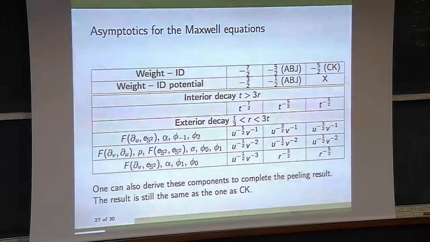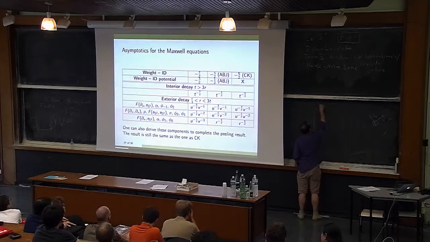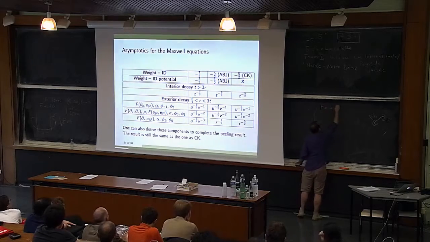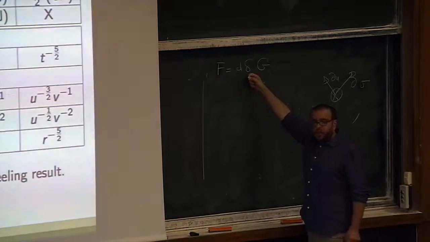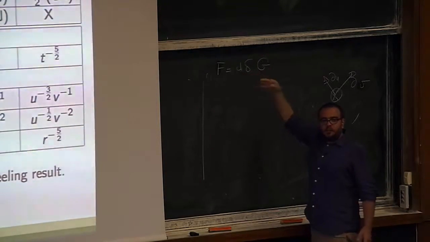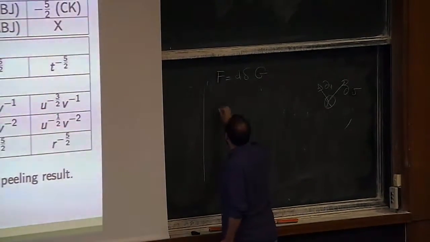Okay? So now if you look at the decay result that I've stated at the beginning, I have my field here, F, with two derivatives. And there are three situations that can happen.